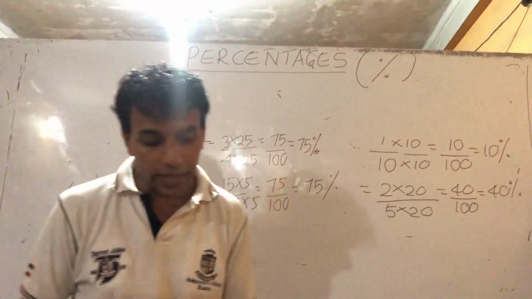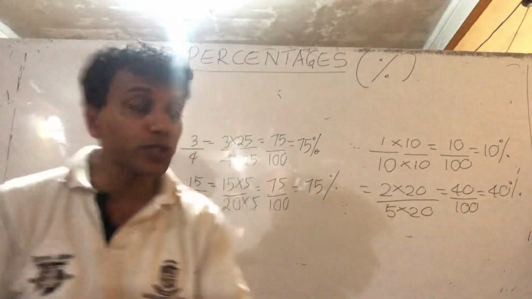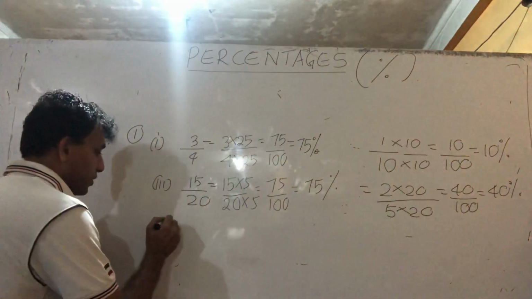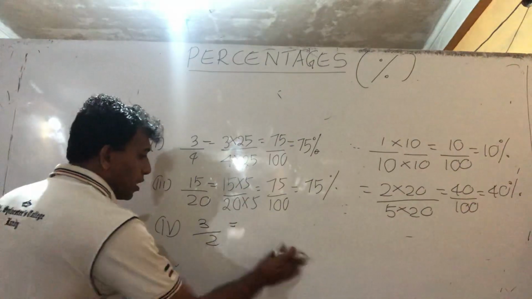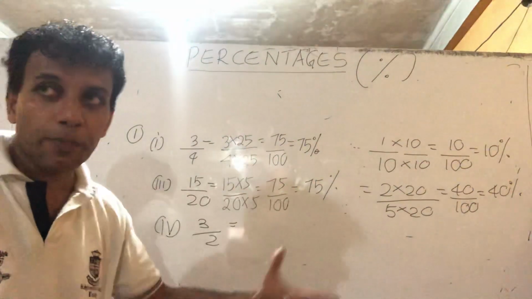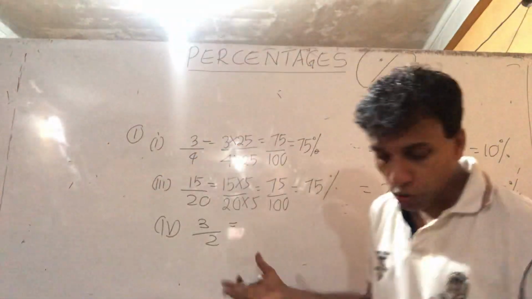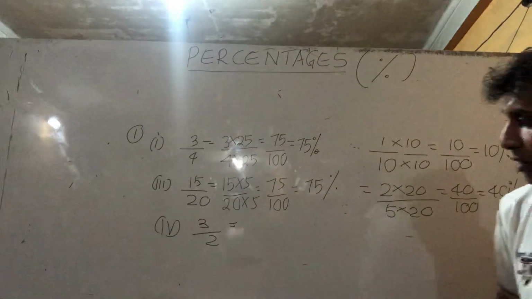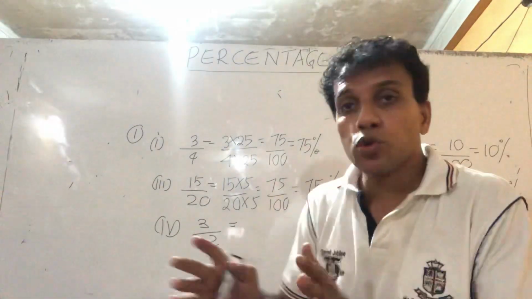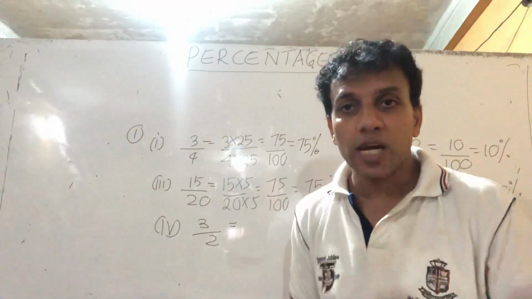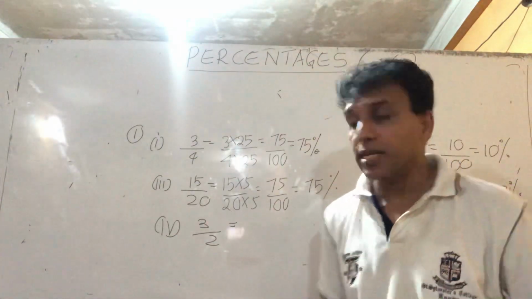You can work all those questions. Another one, 3 over 2. Next, fourth problem there, 3 over 2. Think about how to convert. 2 makes 100. That is what you learned in grade 6. How does 2 become 100? Multiply by 50.